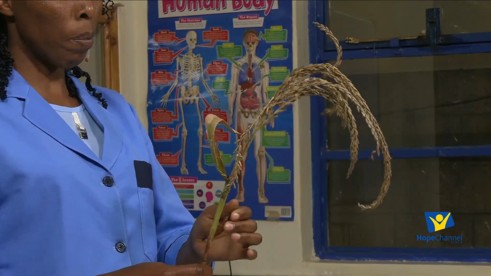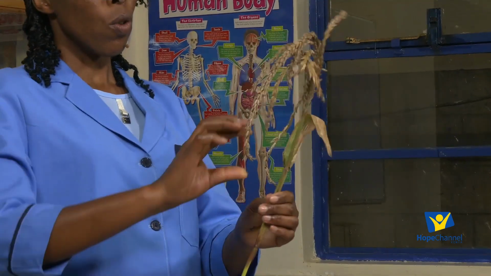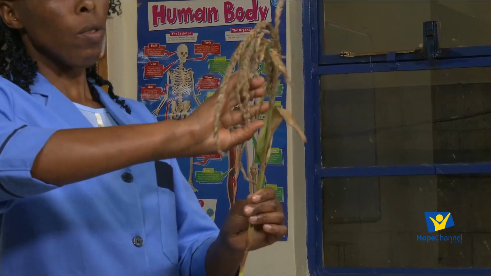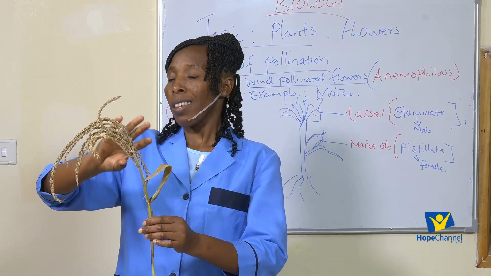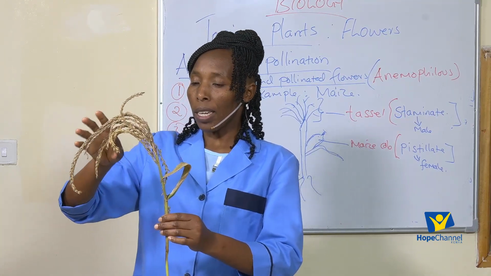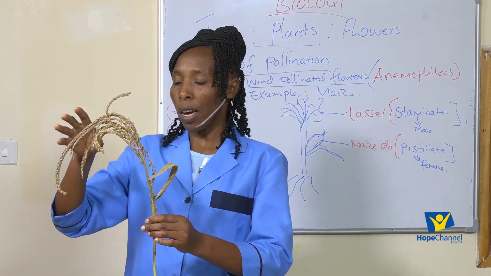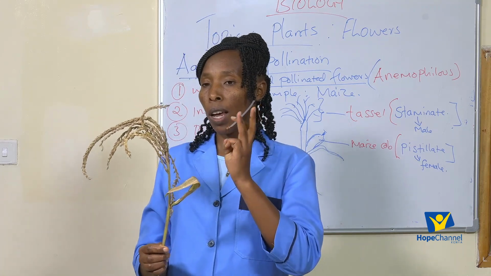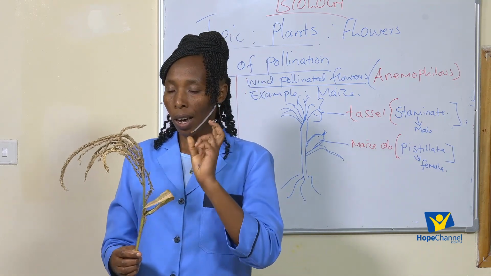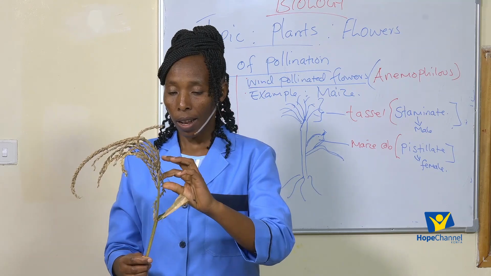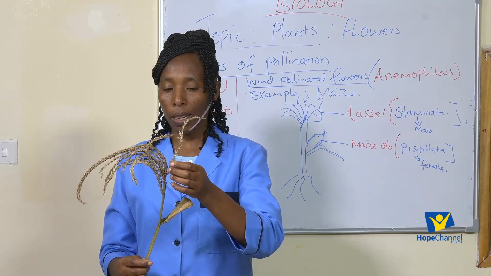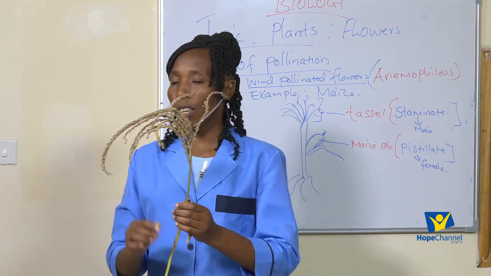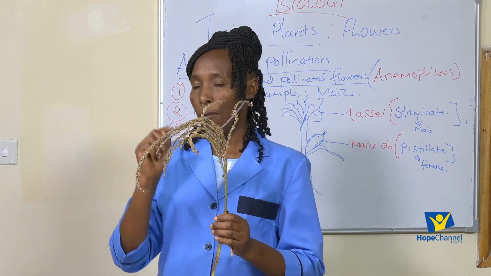This part of the maize is what we refer to as the staminate. Staminate means the male part of the flower. Remember we said the male part consists of the anthers and the filament.